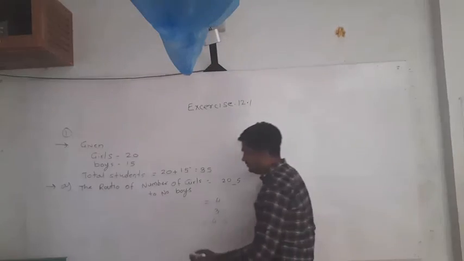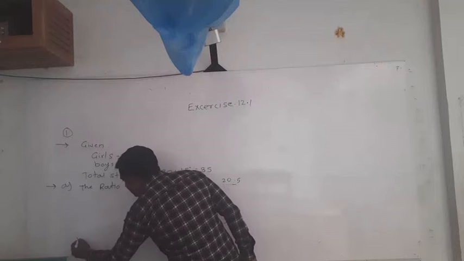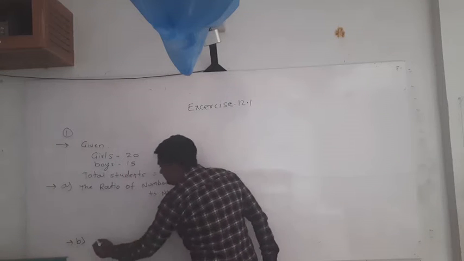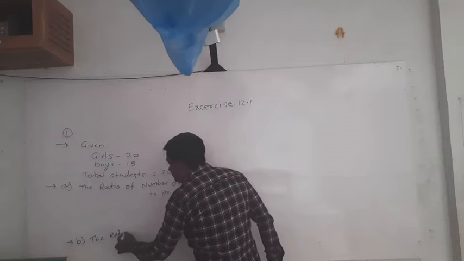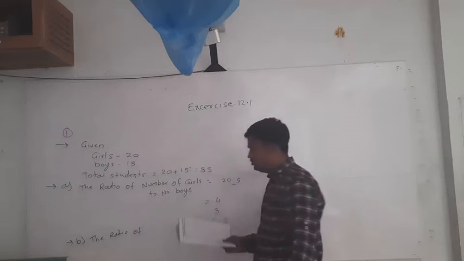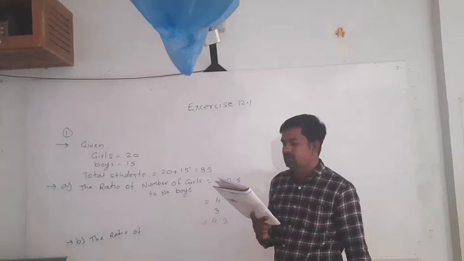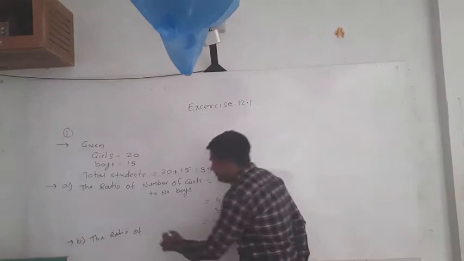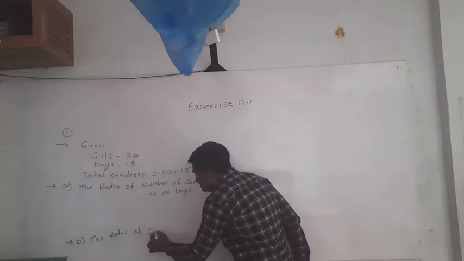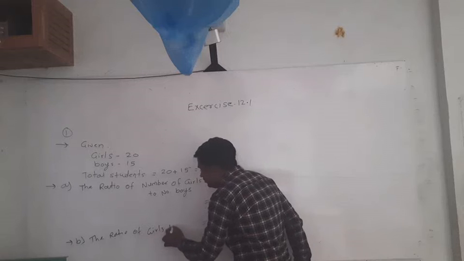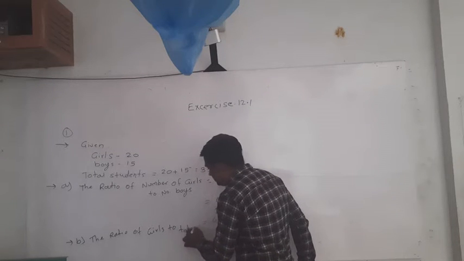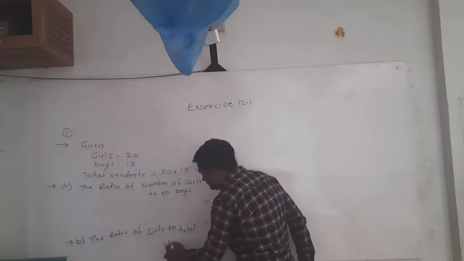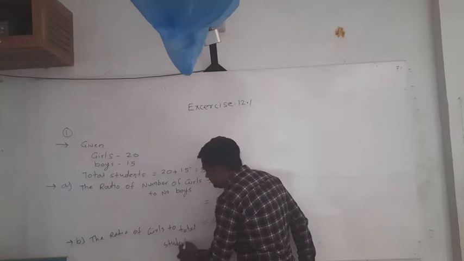So you can write here B number, answer directly. The ratio of girls to total students.